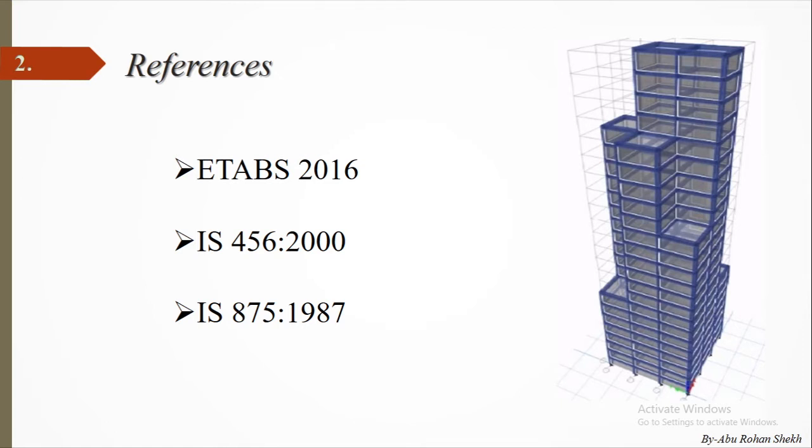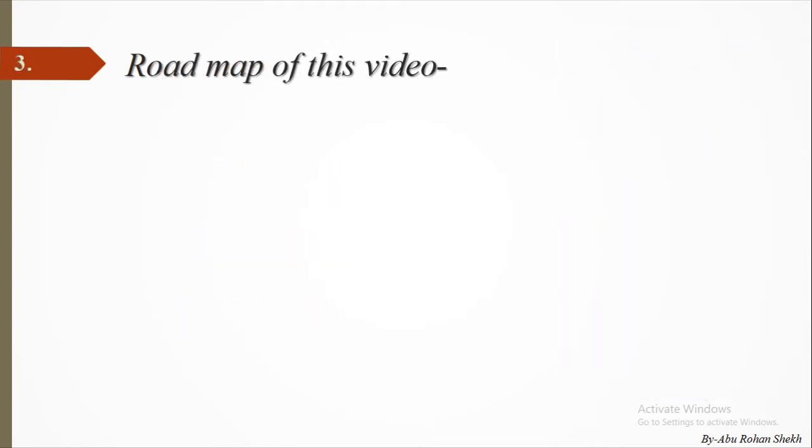I have taken references from Indian Standard 875:1987 Part 3, as I have applied wind load on this structure. I have not used seismic load on the structure, that's why I'm not using 1893 or other codes. So before starting this video, let me give you some roadmap.